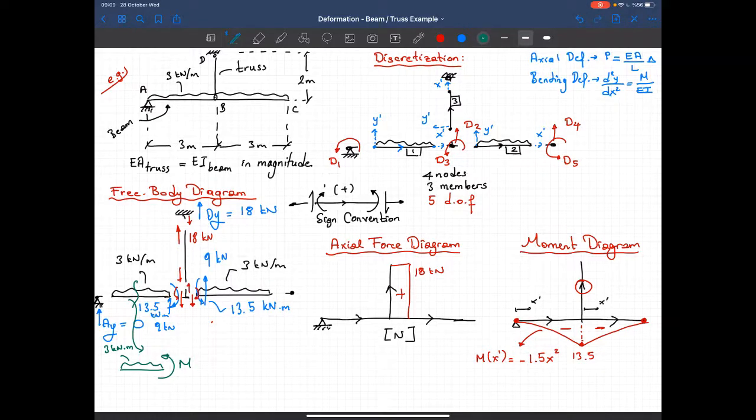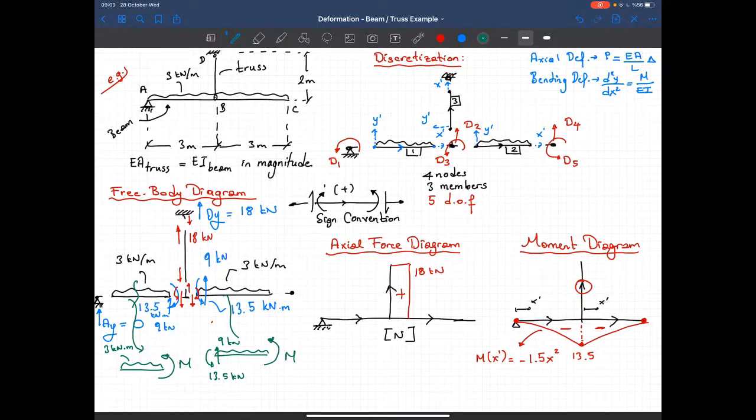You do the same thing, take this member, I have now a shear force here 9 kilonewtons, a moment here 13.5 kilonewton meters, and a uniformly distributed load. I'm trying to write the equation for this moment.